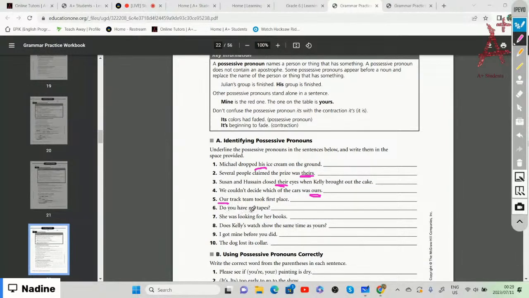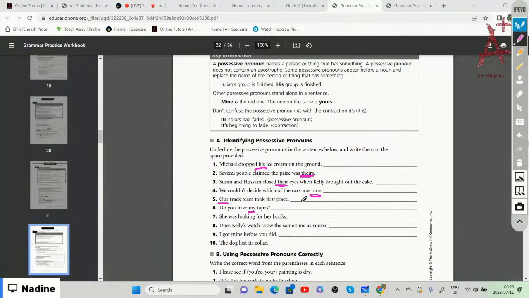Do you have my tapes? We need to choose the possessive pronoun within that sentence, and we choose my as the possessive pronoun. She was looking for her books.